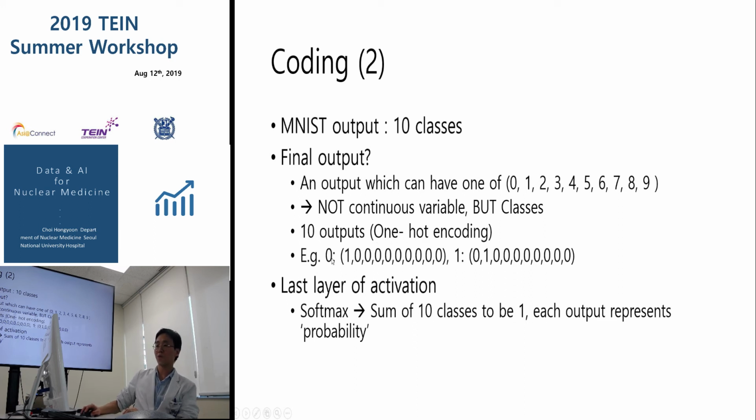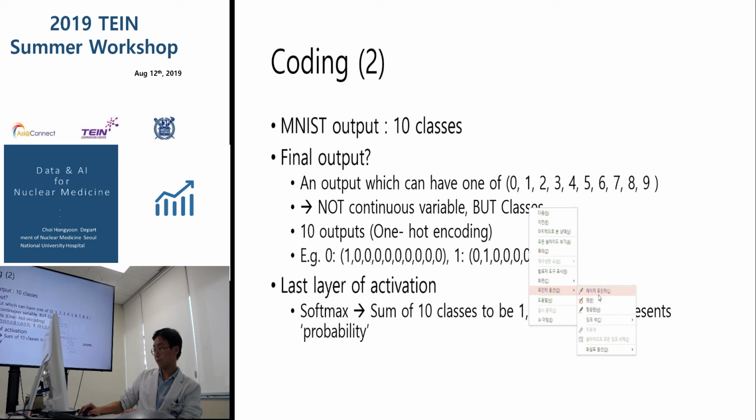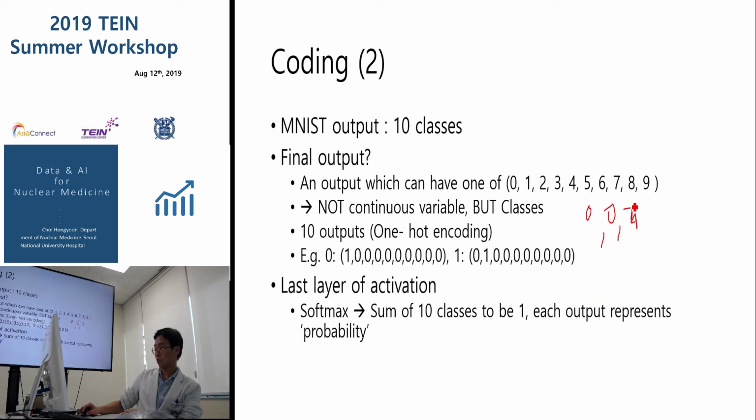For example, for 0, we can represent it as a classification like this one. This is the label for 0, and this is related to the labels of 1 and 2. So 1 will be represented like this, and 2 will be represented like 0, 0, 1, 0, 0, 0, 0, 0, 0, 0, like this one.